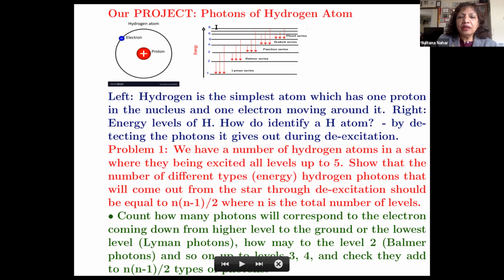And how many will come down from higher levels to level number 2? We call them Balmer photons, and so forth. So count all possible photons coming out from the star when electrons are excited up to level 5. And you know the answer, and you can solve it very easily. All right.